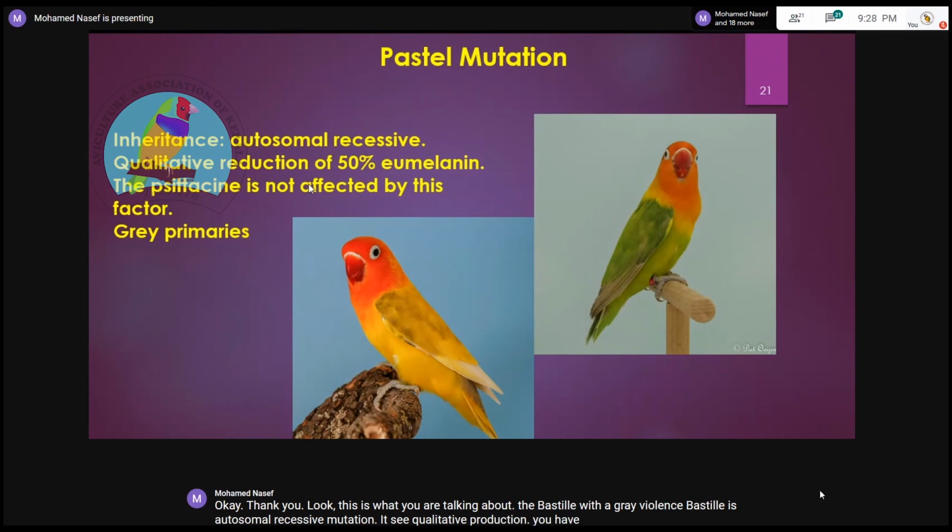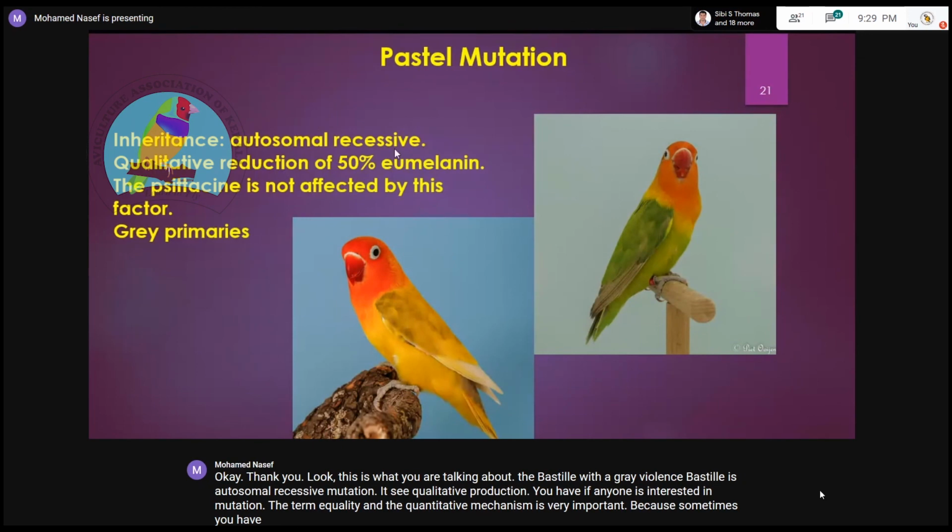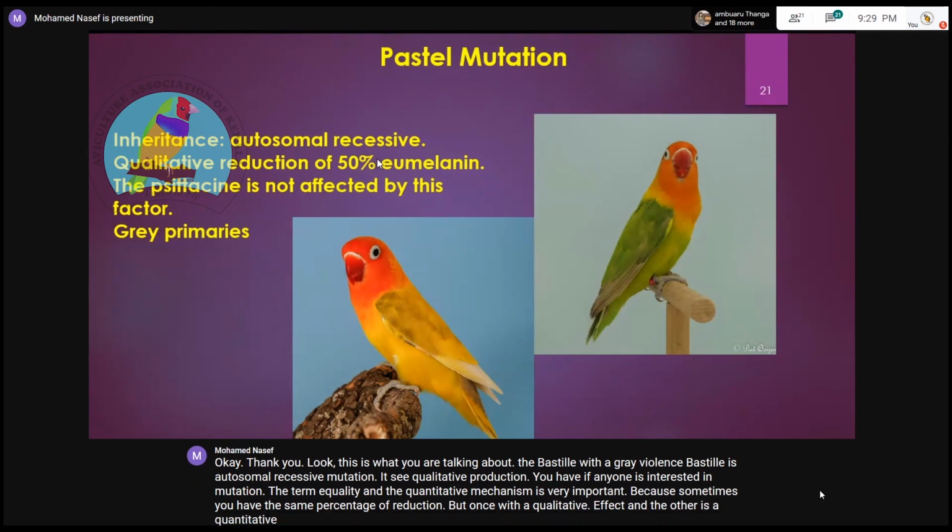If anyone is interested in mutation, the terms qualitative and quantitative mechanism are very important, because sometimes you have the same percentage of reduction, but one with a qualitative effect and the other with a quantitative effect.